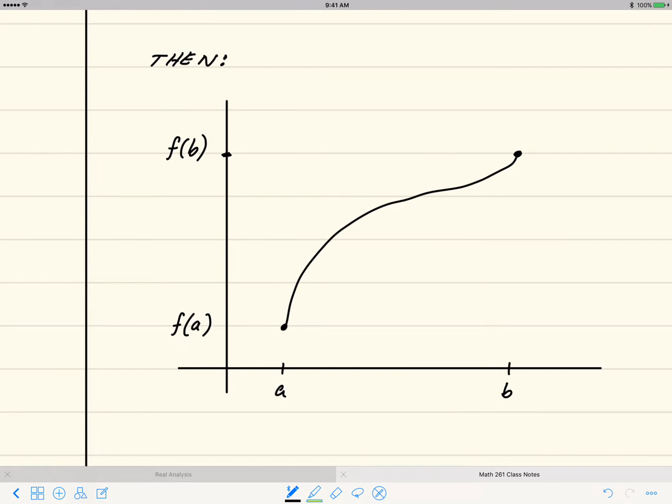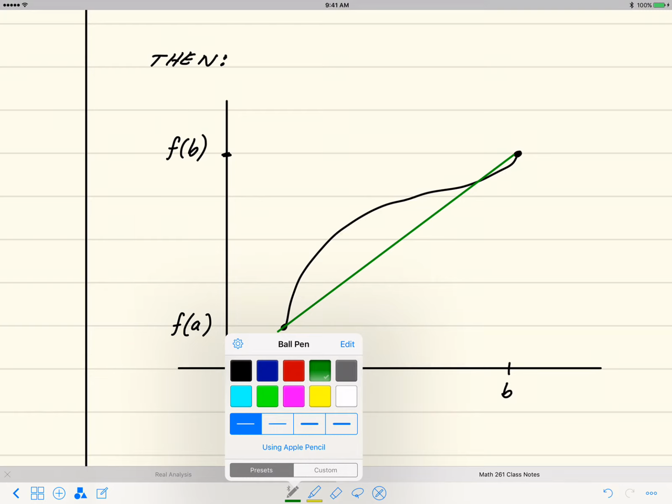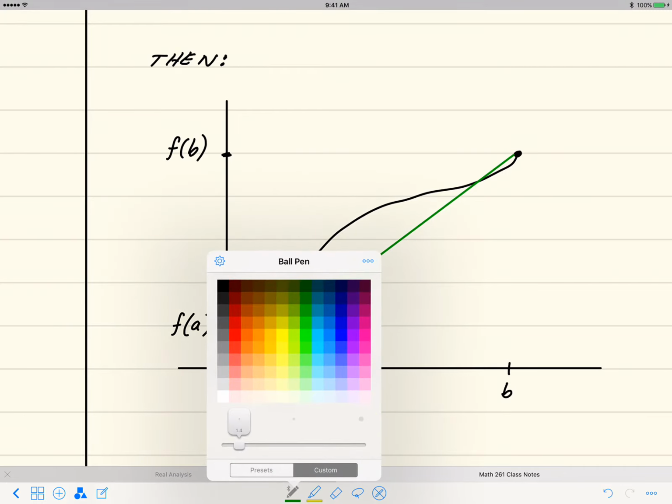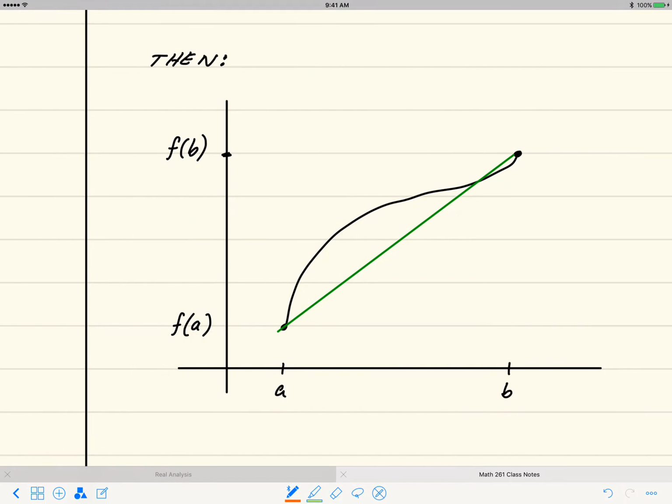Now I'm going to draw a secant line that connects the endpoints. So let's draw a secant line here. And then notice that there is a very special place, I think it's here.